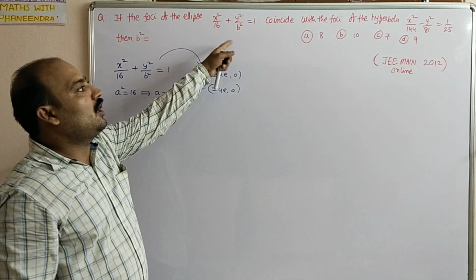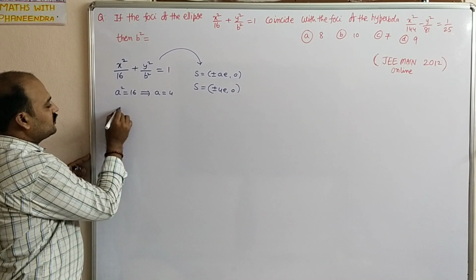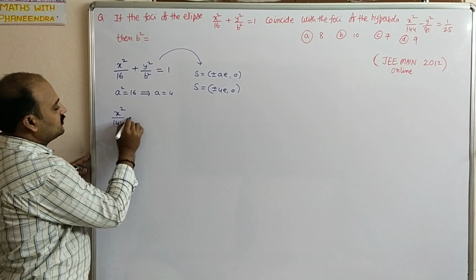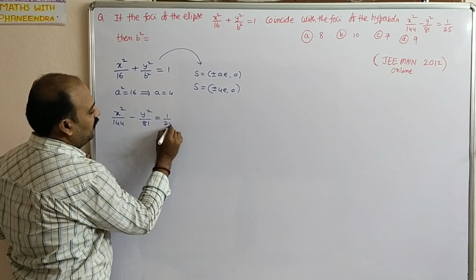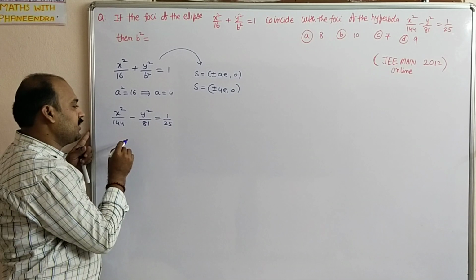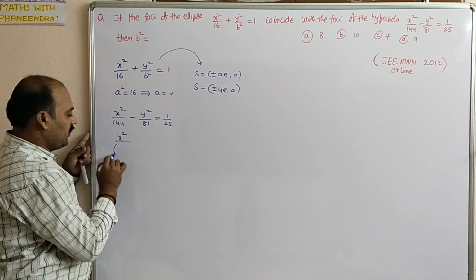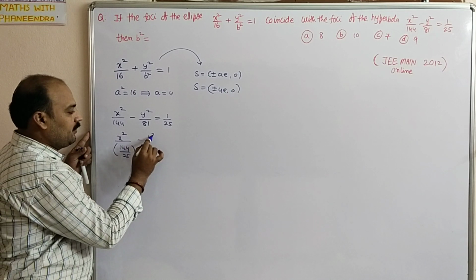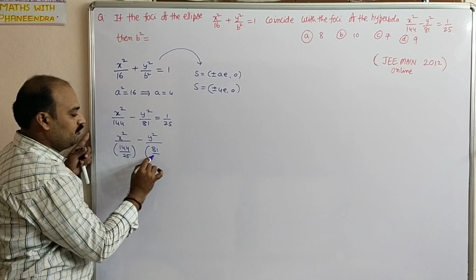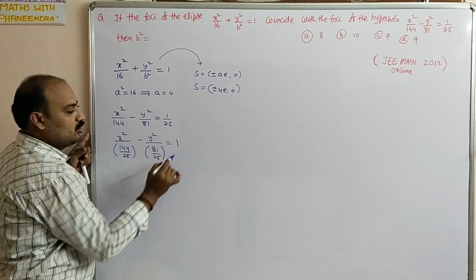Now come to the hyperbola. x square by 144 minus y square by 81 is equal to 1 by 25. Write in the standard equation. So x square by 144 by 25 minus y square by 81 by 25 equal to 1.